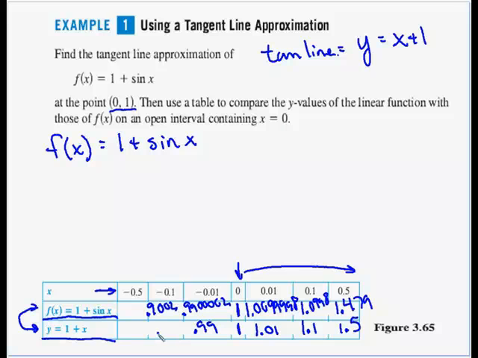Our tangent line approximation is 0.9. And at negative a half, the original function is 0.521, and the tangent line approximation is 0.5. We can see the distance between f of x and our tangent line is growing. It's a bigger and bigger gap between them as we get farther and farther away from our point of tangency. And I like to look at this graphically also.